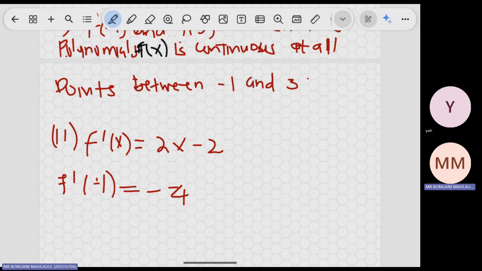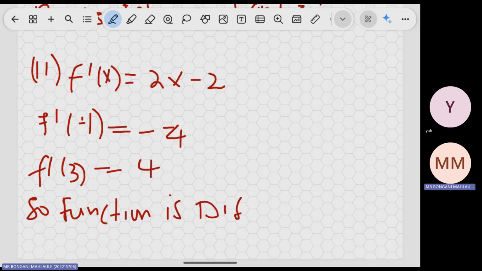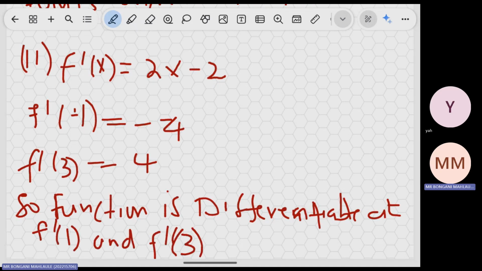Then you also do f prime of 3, and you'll get 4. So the function is differentiable at f prime of -1 and f prime of 3.